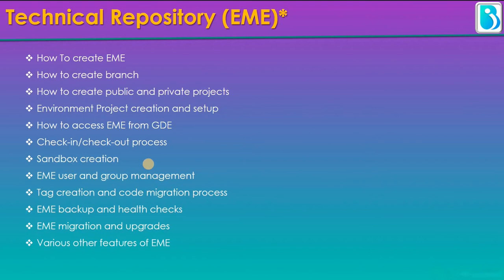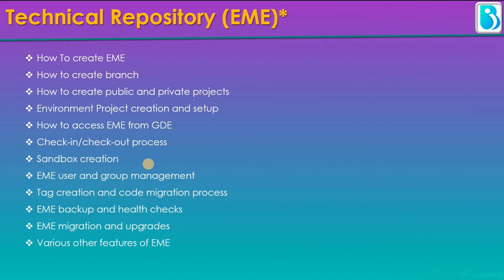And sandbox creation. How do we create a sandbox? A sandbox is nothing but a local copy of EME code. How do we create a sandbox and how do we tag a sandbox to a project, etc. details will be covered. EME user and group management: by using EME, we can manage user authentication and authorization for Ab Initio.